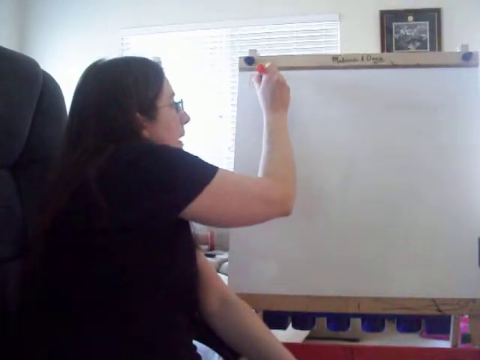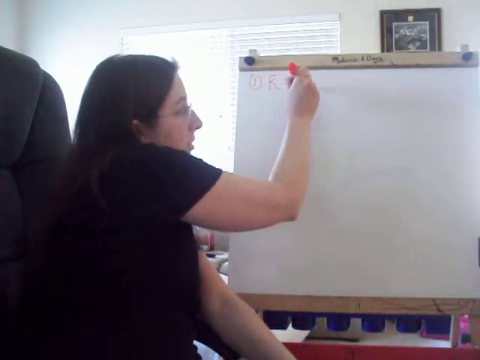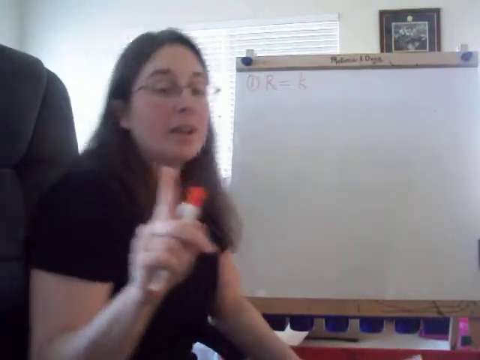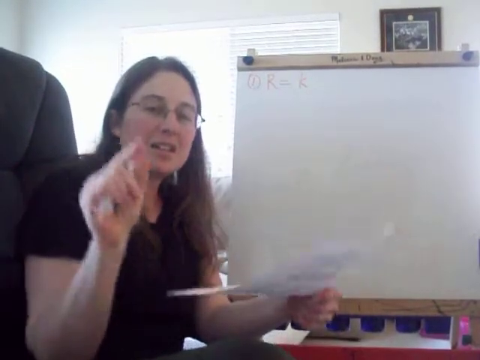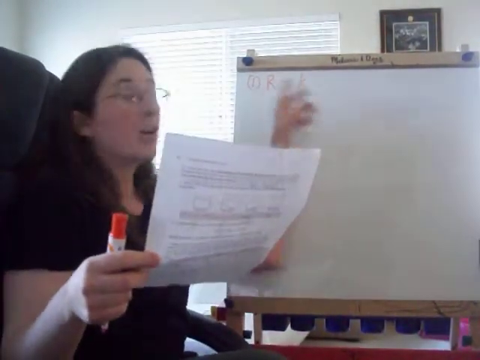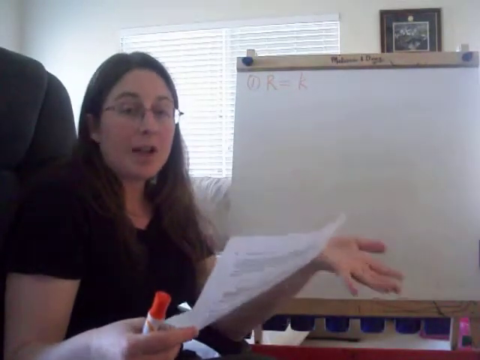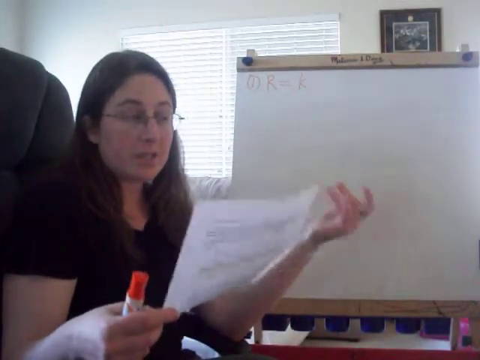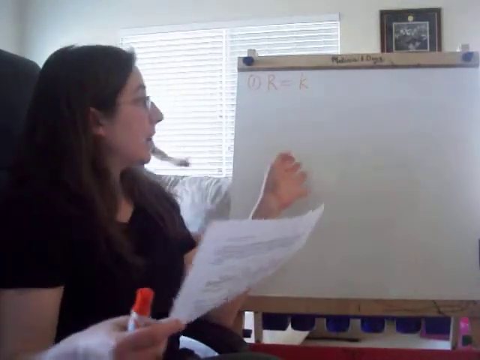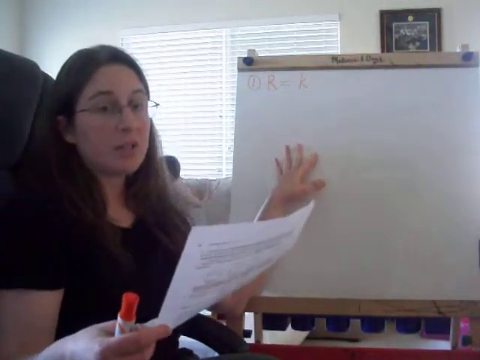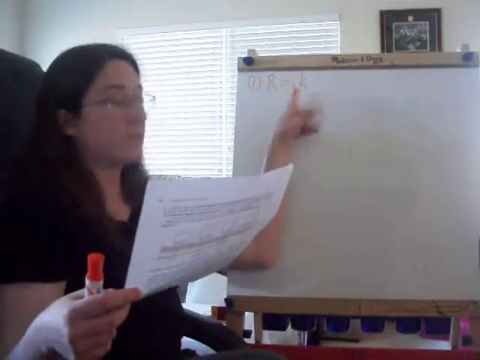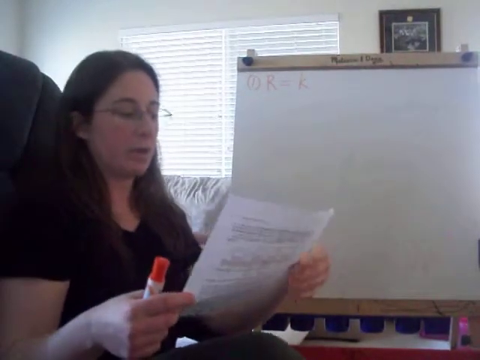So we know that the rate is equal to a constant K, and don't forget, even though you can't see it in this equation, K considers temperature. We all know that reaction rate usually increases as temperature increases. Even though in the rate equation you don't see that, you know that K is the factor where temperature is considered in the rate equation.